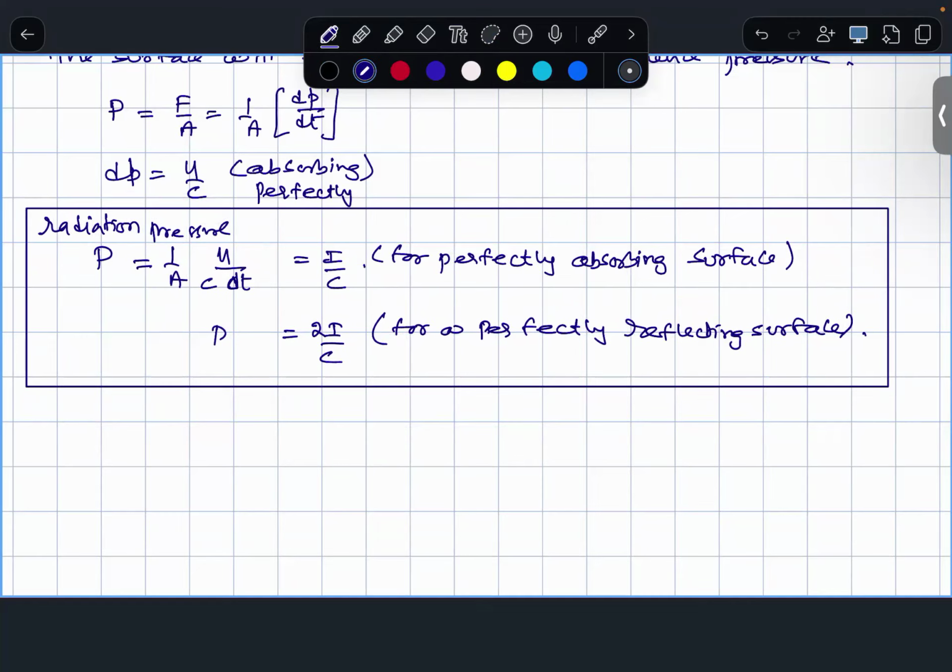Very important terms. Only that you need to directly substitute. Nothing else.